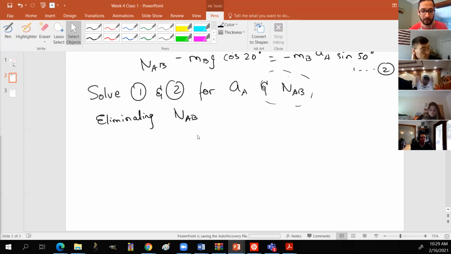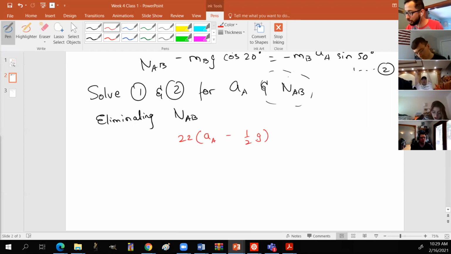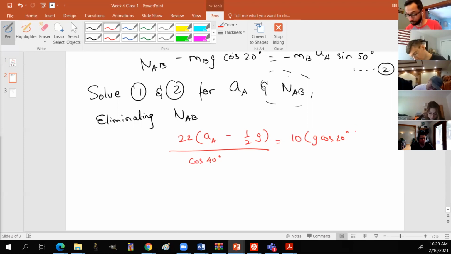So plugging in all of the values, we see that 2.2 times a_A minus half g divided by cosine of 40 degrees is equal to 10 times g times cosine 20 degrees minus a_A sine 50. That's it.